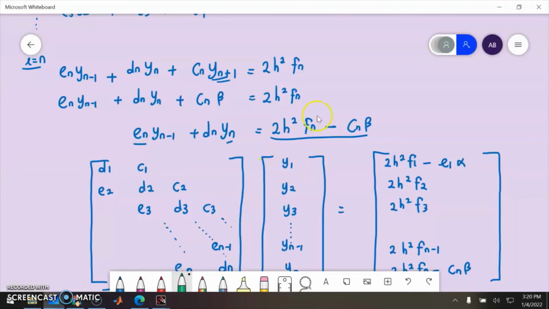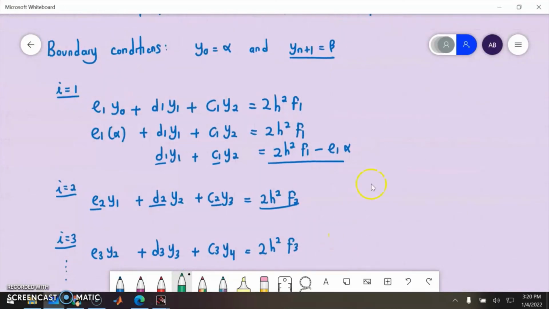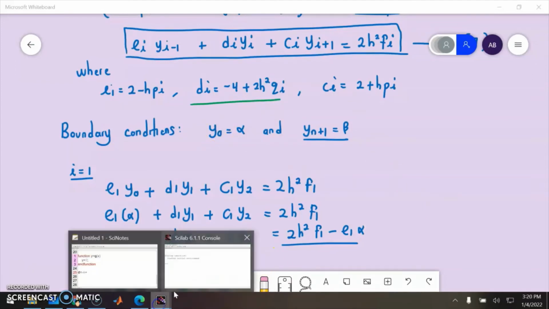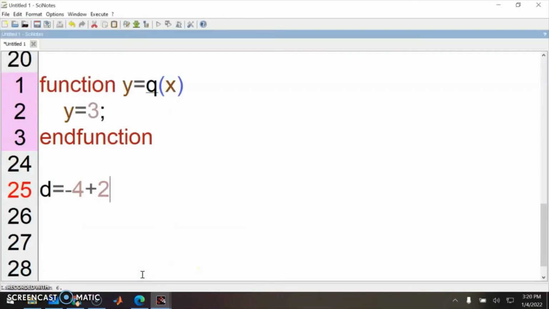I forgot. Let's check. Yeah, this is the one we want. D equals to minus 4 plus 2 times h squared times q(x). 2 times h power 2 times q(x).